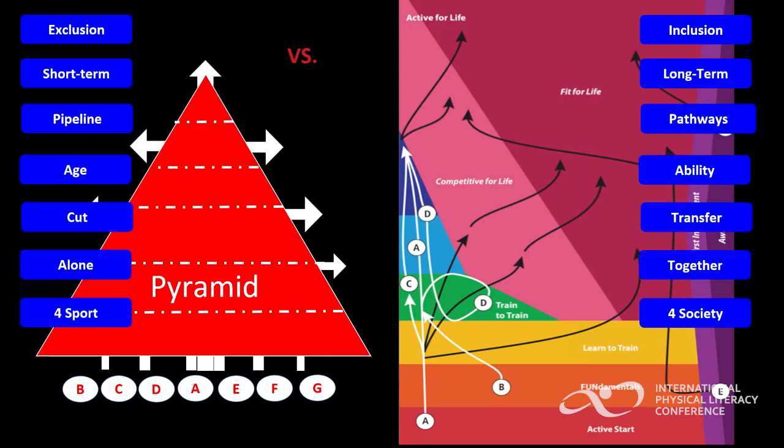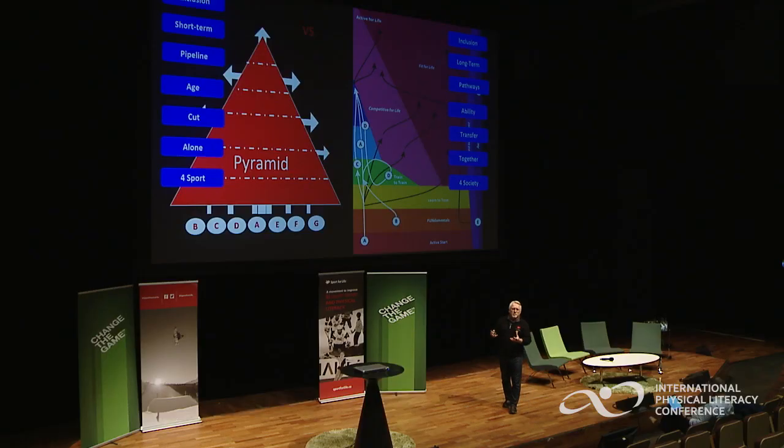Again, when we look at the pyramid, it is designed for sport, whereas the rectangle is designed for society, for the greater global society, because we want healthy people on that journey. Again, some of them will be achieving gold medals, but we're looking at a healthy society.